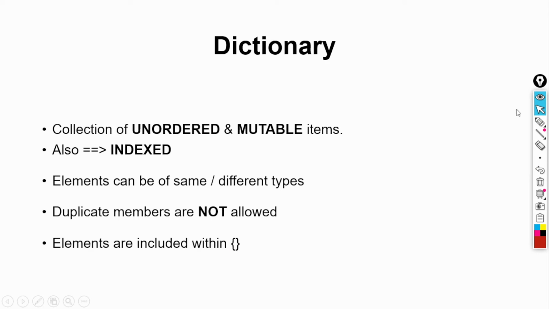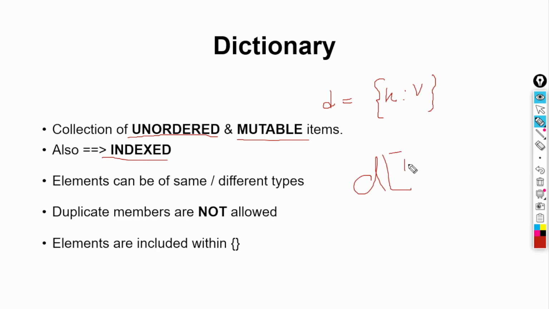Now what are dictionaries then? As I said, dictionaries are key-value pairs. Here we get the key and here we take the value. So these are a collection of unordered and mutable items. These are indexed, not unindexed. We can access any value by writing t of the key.